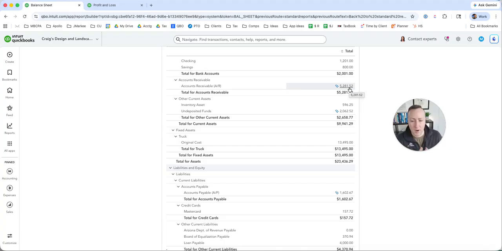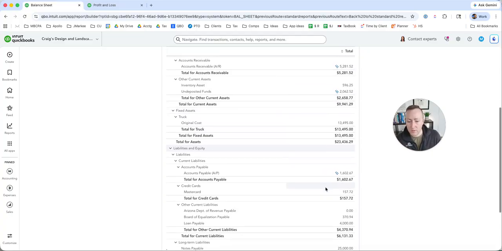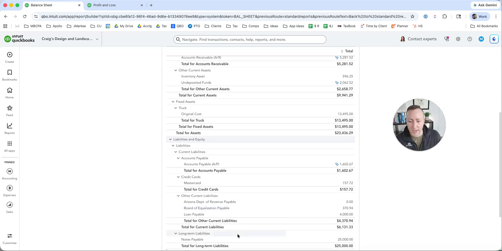So in my opinion, we try to keep it simple, and throughout the year, everything goes into accounts receivable, accounts payable, liabilities, no matter if it's due within a year or not.